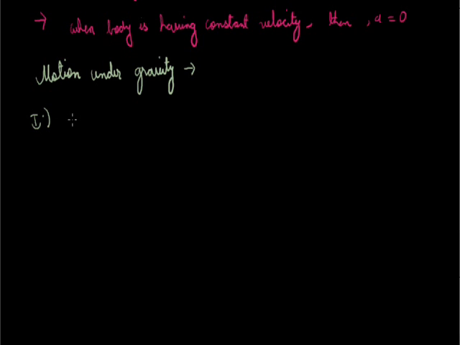The first equation of motion is v equals u plus at, which becomes v equals u plus gt.